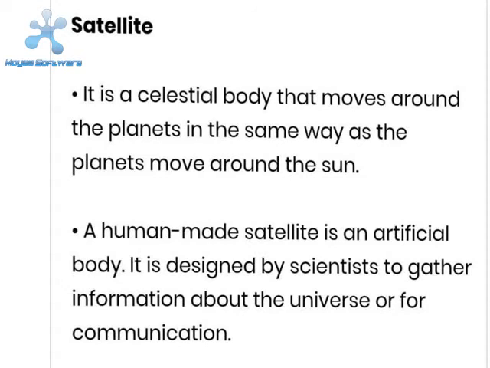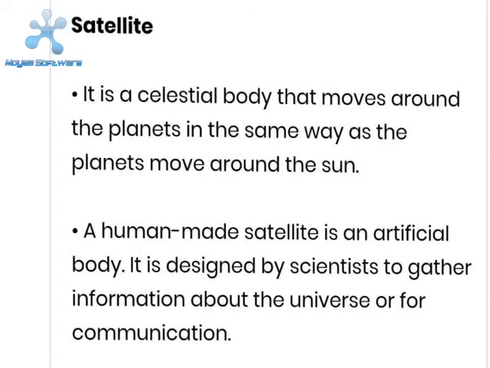Satellites. A satellite is a celestial body. As I have told you earlier also, celestial bodies are those bodies which are found in the universe in a natural way, and the celestial bodies include stars, planets, galaxies, satellites, etc. So we can say that a satellite is a celestial body that moves around the planet in the same way as the planet moves around the Sun.